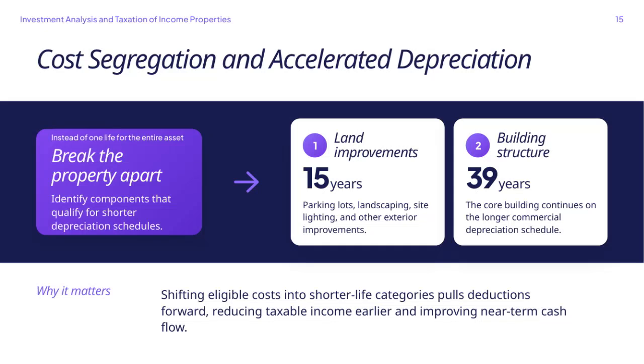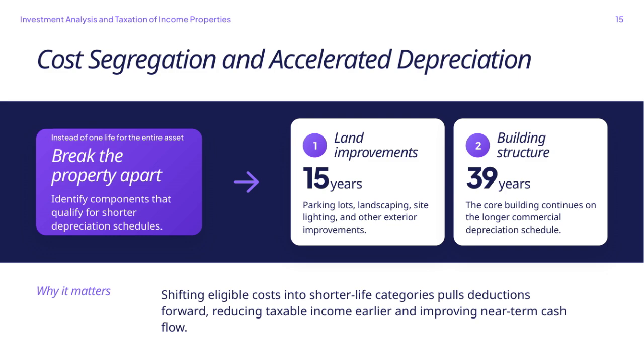Let's talk about cost segregation and accelerated depreciation. Instead of treating the entire property as a single asset with one depreciation timeline, we break it down into different components. For example, land improvements like parking lots, landscaping, and site lighting qualify for a shorter depreciation schedule, typically 15 years. Meanwhile, the main building structure follows a longer 39-year commercial depreciation schedule.